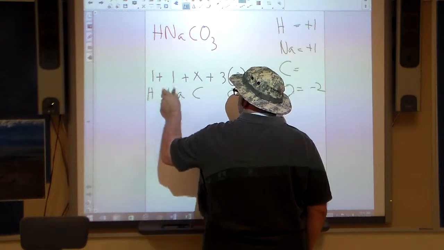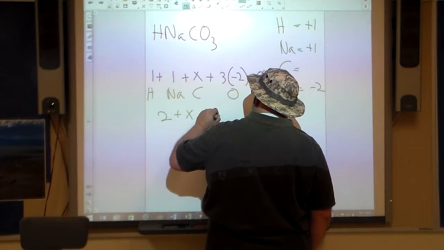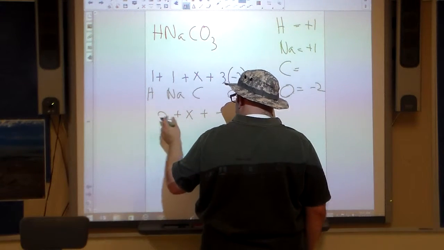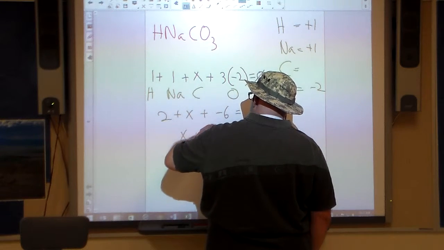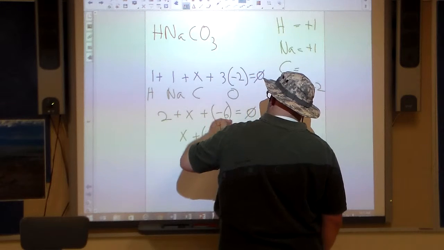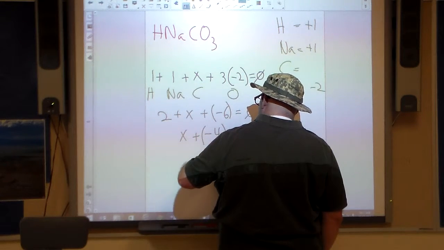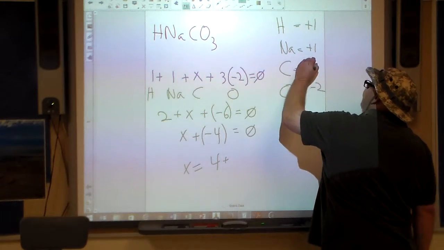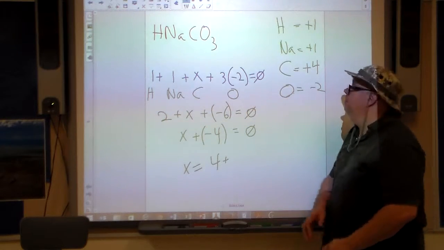So let's combine these, and we're going to say 2 plus x plus a -6 equals 0. So combine the 2 with the -6, we'll say that x plus -4 equals 0. Therefore, x is equal to +4, and that's how we figure out our oxidation number here.